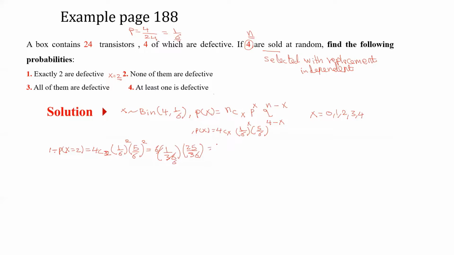This gives 150/1296. Of course, it's different from when using hypergeometric distribution.